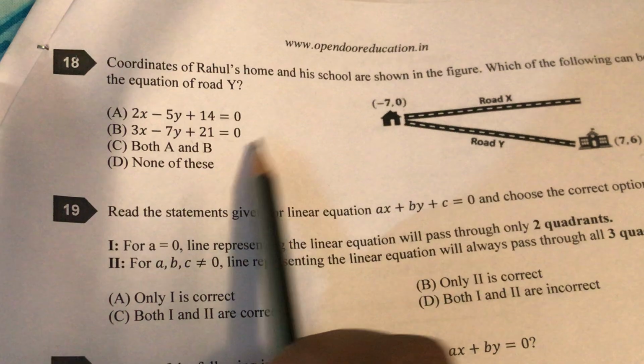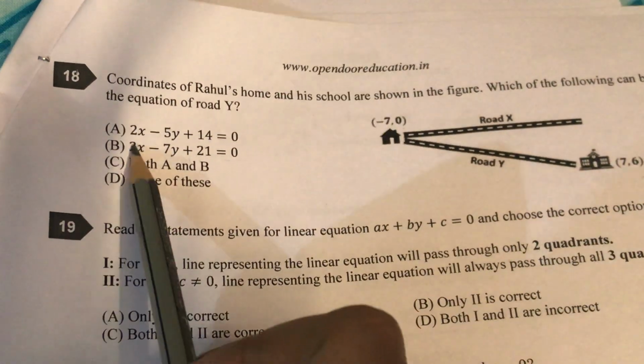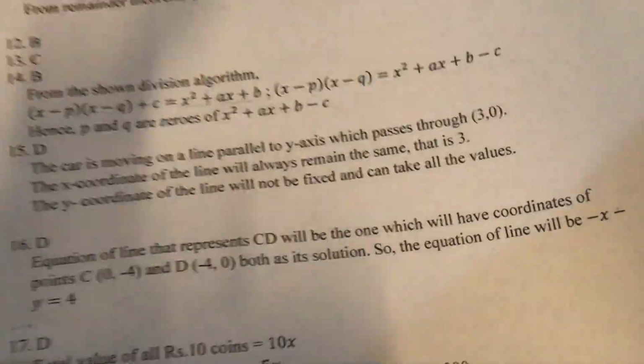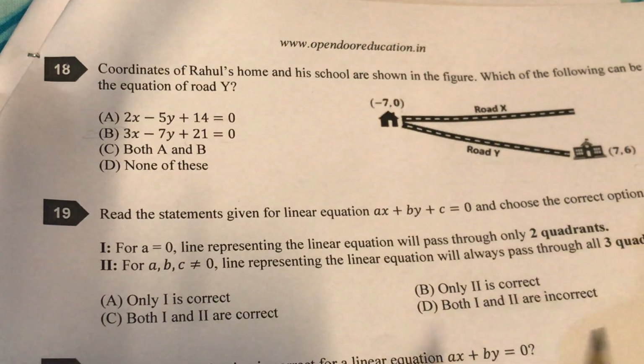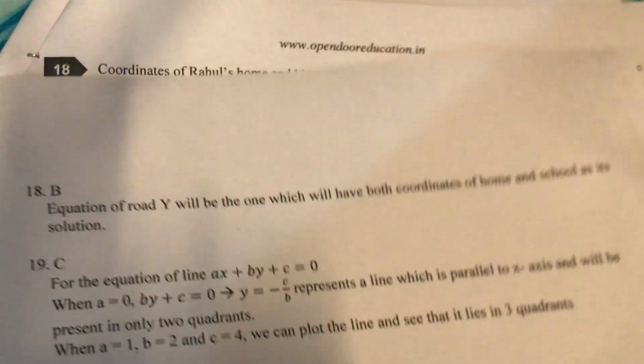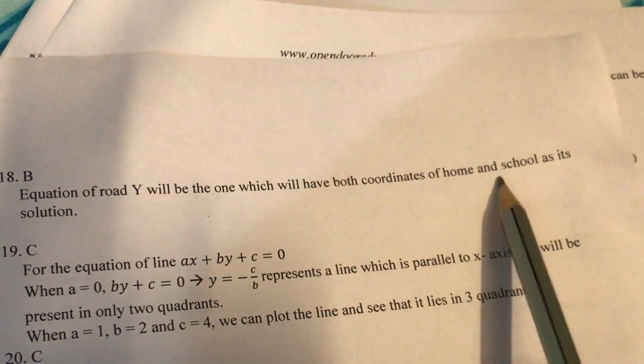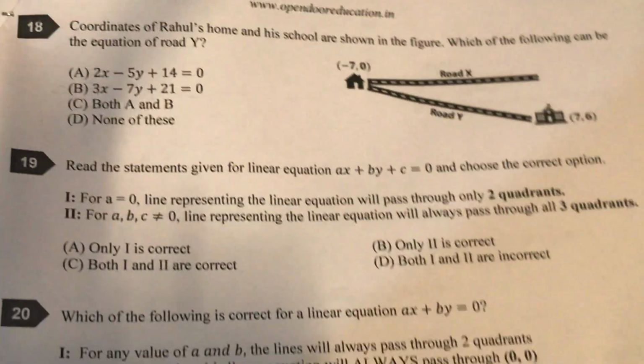The equation which satisfies both the points is the right option. If you do that, you will see that option B is the right answer. The equation of the road Y will be the one which has both coordinates of home and school as a solution, right? So that was the basic thing.